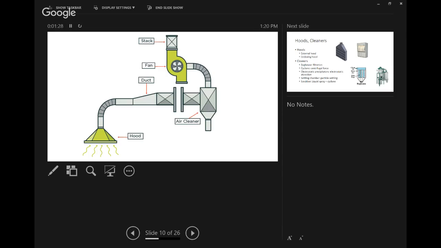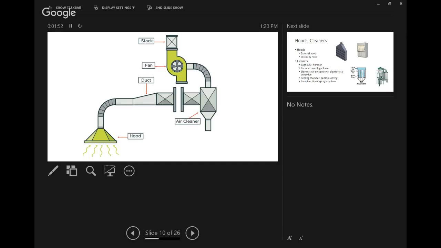It's got this interface media that helps the water and the air interact, and basically the water absorbs the contaminants from the gas, and then you remove the water, and then you have clean air.